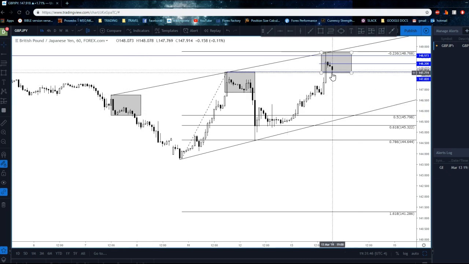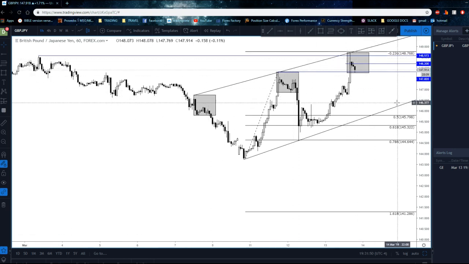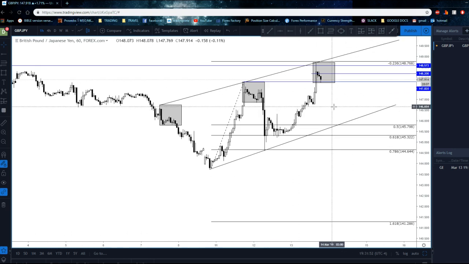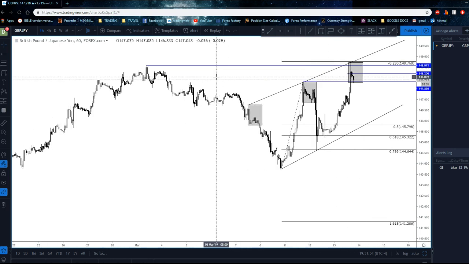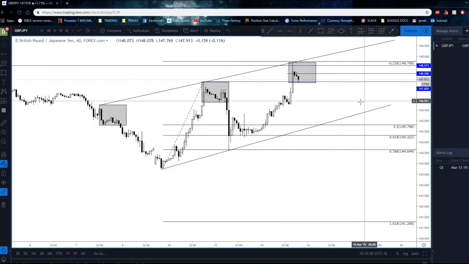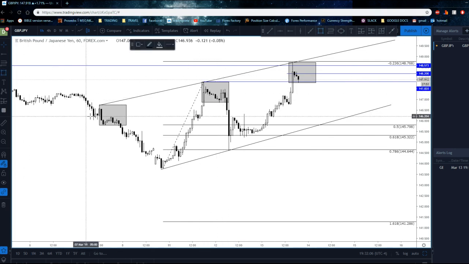I mean, it may just be bouncing a little bit before continuing to push down. We're kind of overextended a little bit, and at some pretty decent confluence. So whether or not it's going to continue that bounce up and put in a lower high like it historically has, I'm not sure.